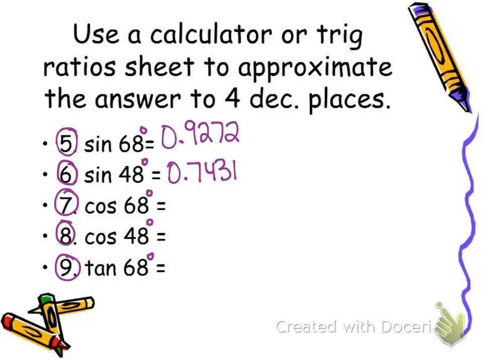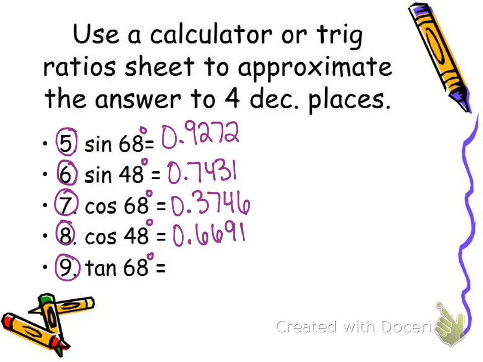It's the cosine of 68. 0.3746. Good. The cosine of 48. 0.6691. I would agree. Finally, on the last one, we're using tangent.